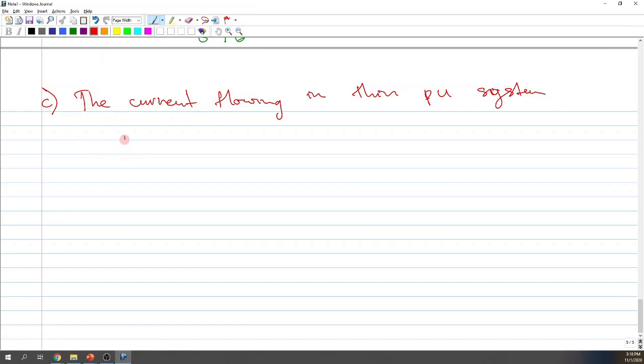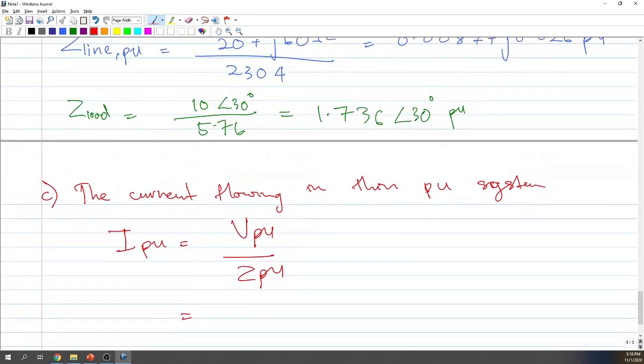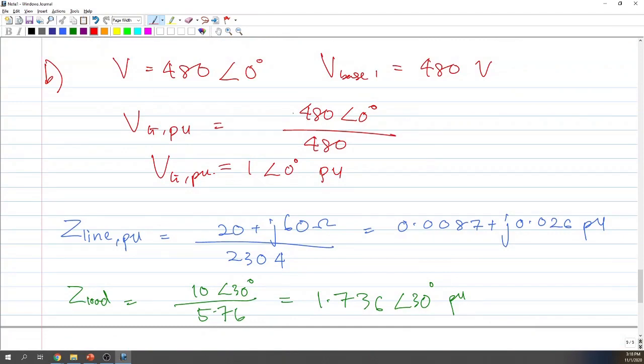Okay, so I PU, so V PU divide by Z PU. Okay, ni dia punya macam simplified version lah. Okay, so kalau kita tengok kat sini V PU tadi adalah satu kan, kita dah tengok kat atas tu V PU tu 1.